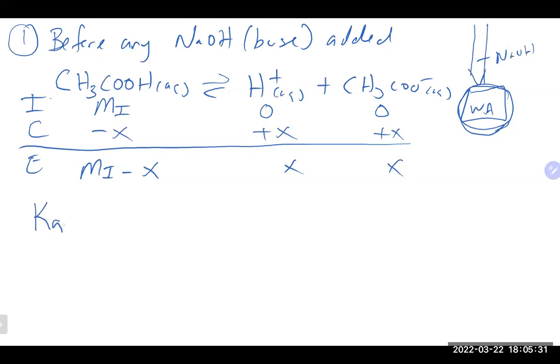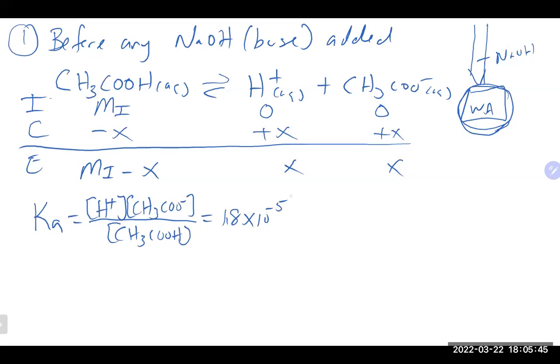This would go into our Ka expression, which would be H plus and acetate divided by acetic acid. This would equal our Ka value, which would be 1.8 times 10 to the minus 5 in this particular case. Like normal, we would throw our x's into this.